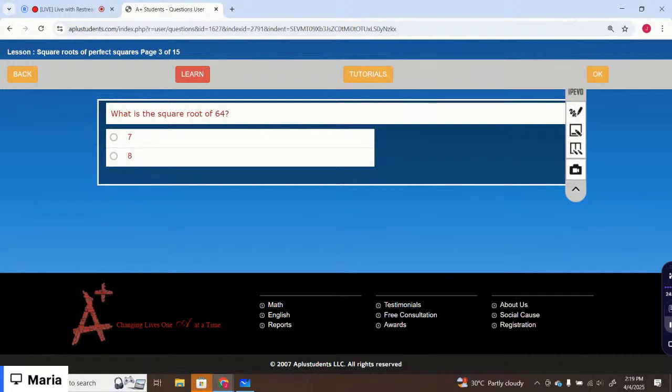What is the square root of 64? Which number multiplied by itself makes 64?